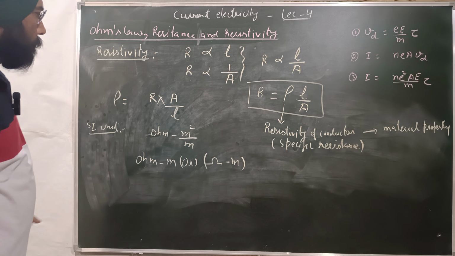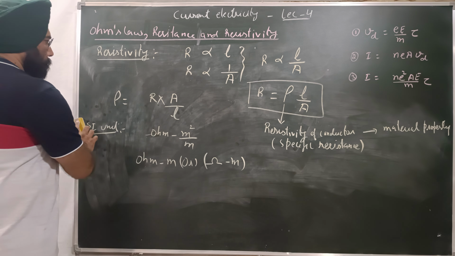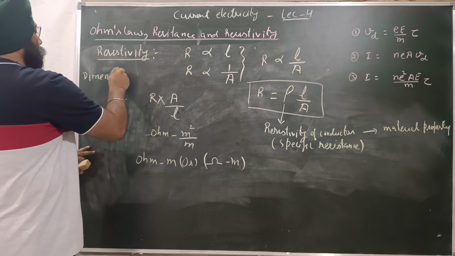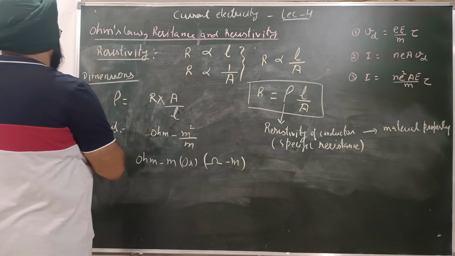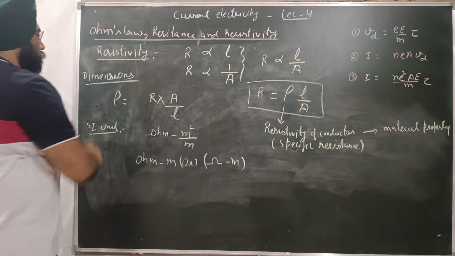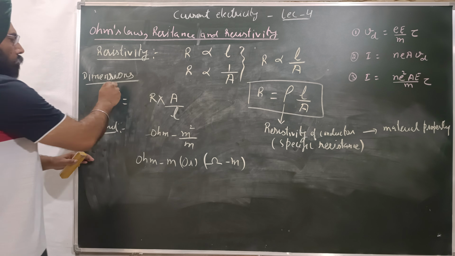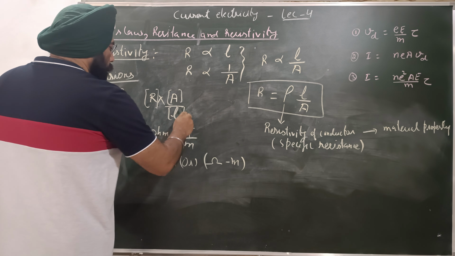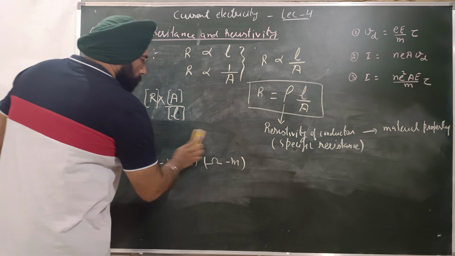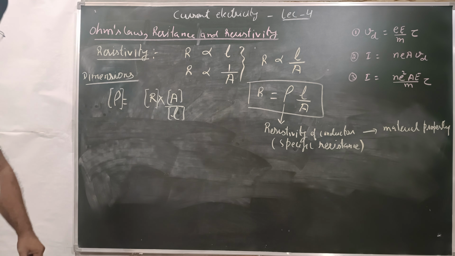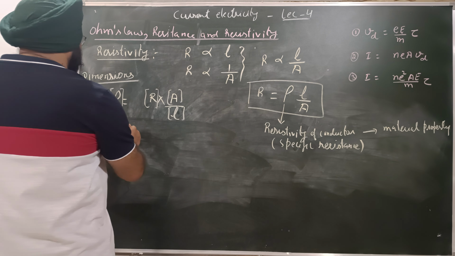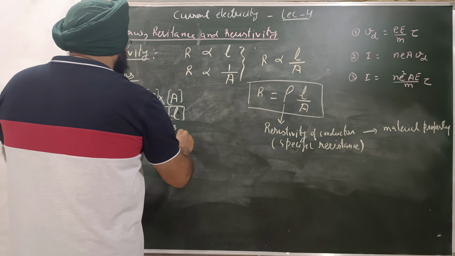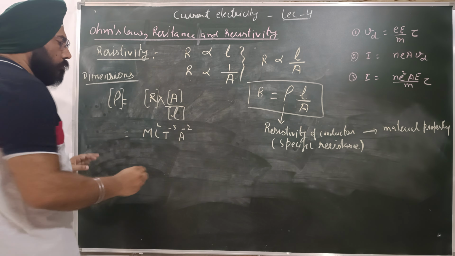Now its dimensions. The dimensions of rho will be equal to the dimensions of R, A and L. The dimensions of R are M L square T raised to power minus 3 A raised to power minus 2.